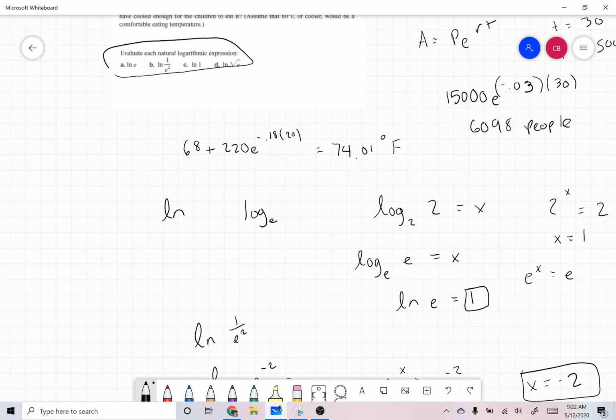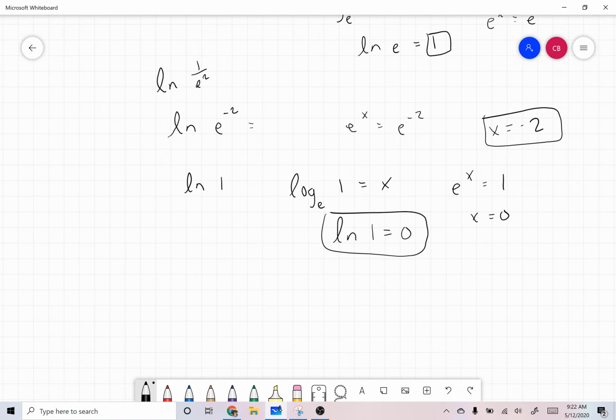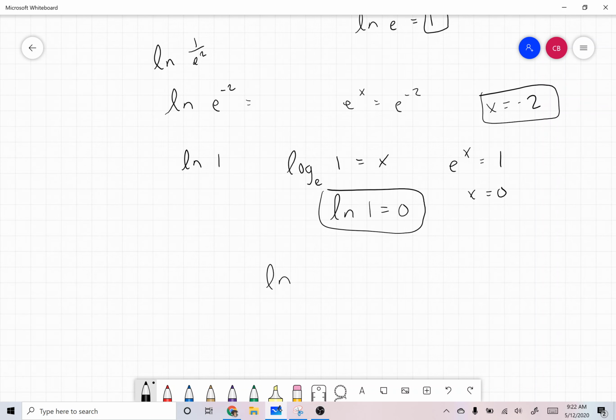And then the last one is ln of the square root of e. Well, we know that's ln of e to the 1/2 power. And so this must equal e to the x is equal to e to the 1/2, which indicates x is equal to 1/2. Okay.